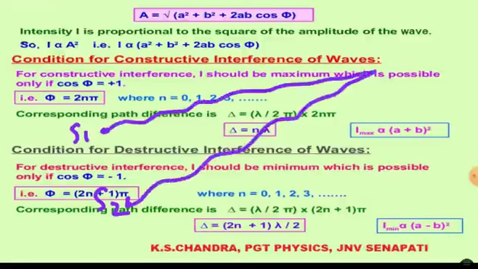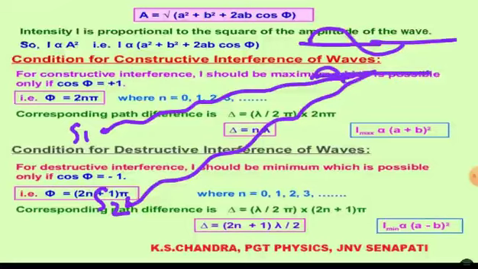If the path difference is a multiple of lambda, then surely one crest will be coming like this, and another crest will also start at the crest, then crest and crest will be coinciding. So the path difference should always be a multiple of lambda between the two sources, so that crest and crest, trough and trough interfere with each other.